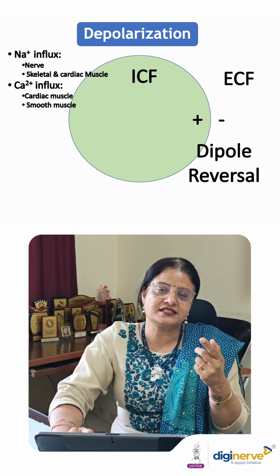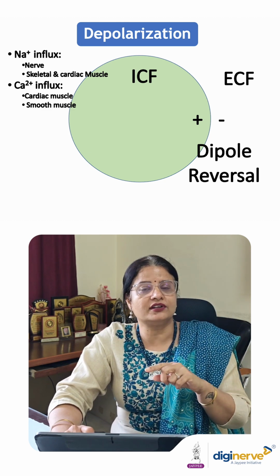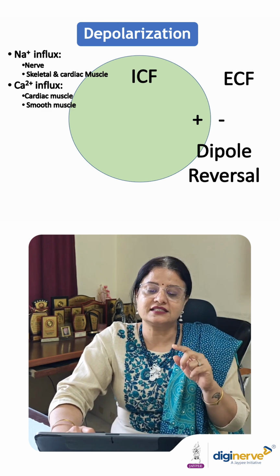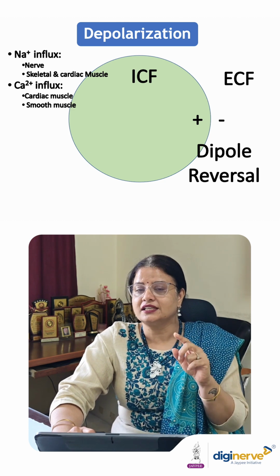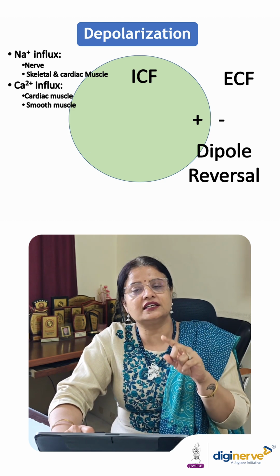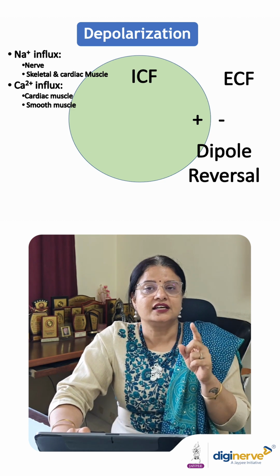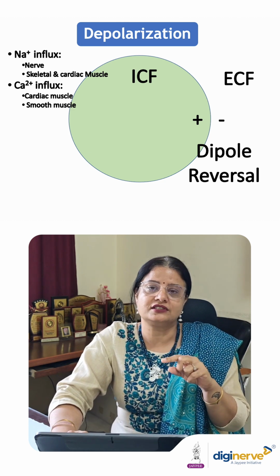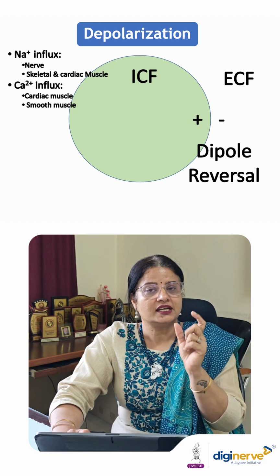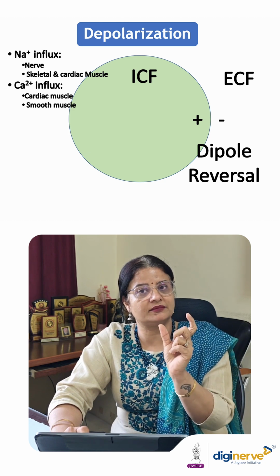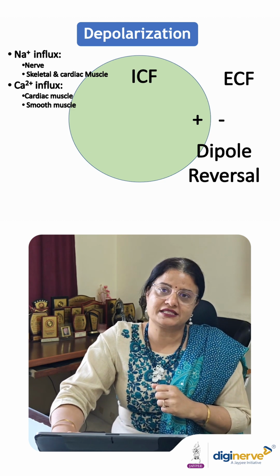The sodium influx is seen during the depolarization of the nerve, the skeletal muscle and also the ventricular cardiac muscle. On the other hand, the calcium influx results in depolarization in the pacemaker tissue, the plateau phase of the ventricular muscle and even the smooth muscles.